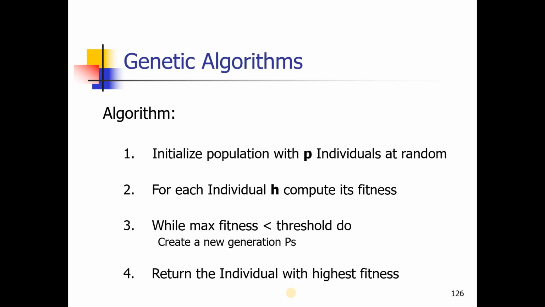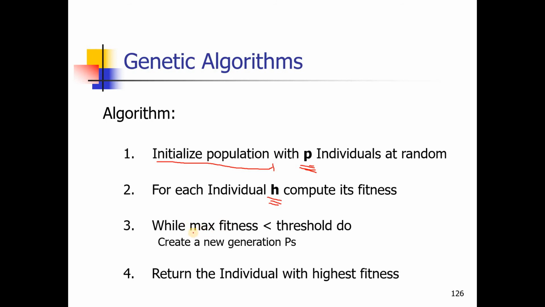What this algorithm does is that it initializes the population. Out of the population, we select some p individuals, and initially the selection is purely random. For each individual h, we compute its fitness value.